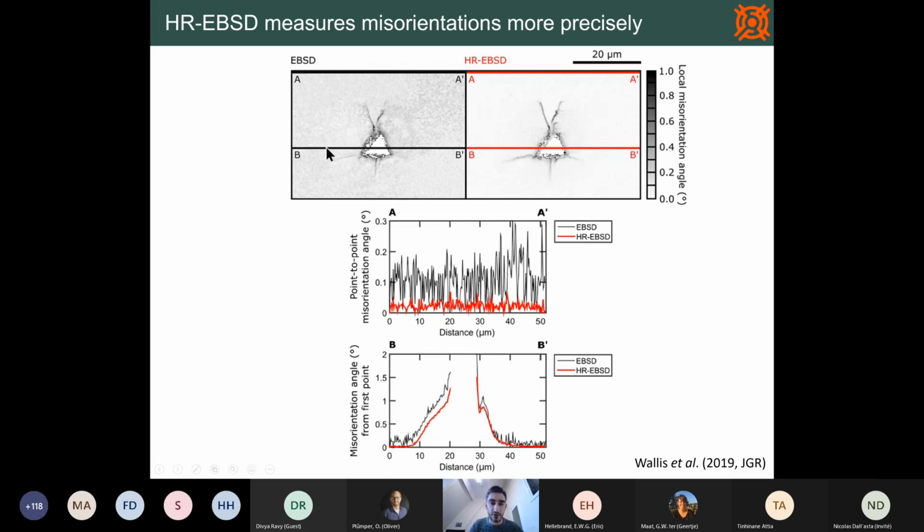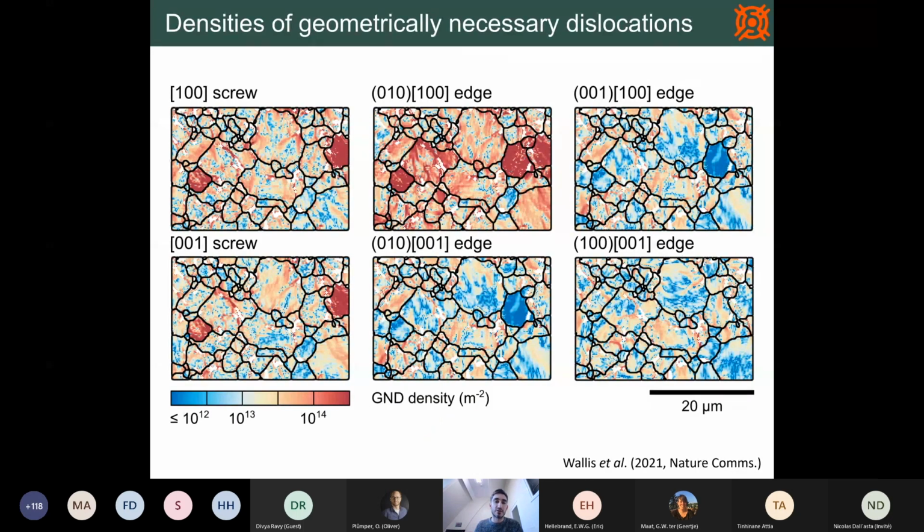And if we take a profile across the indent itself, you can see that with this lower noise, you can resolve the shape of the lattice curvature, the deformation around the indent, much more precisely. Because we can measure that curvature more precisely, we can back out information on the types and the densities of the dislocations that are causing that curvature in a lot more detail.